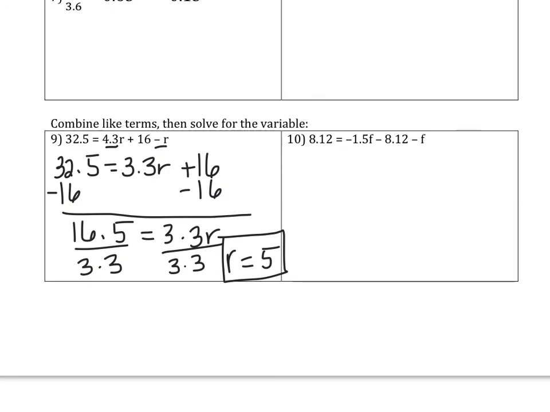And number 10, again, we have our variables right here that we have to combine. So you have a negative 1.5f and a negative f. So first let's write out this part of the equation, equals, that's going to be a negative 2.5f minus 8.12. And then we're going to add 8.12 to both sides.